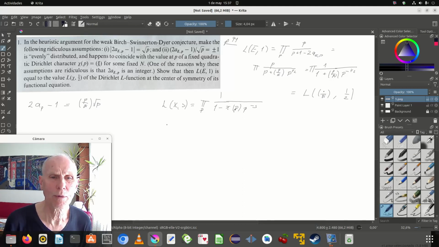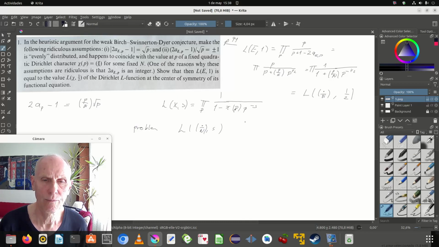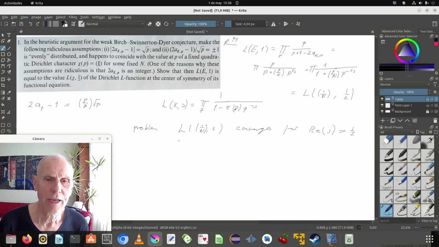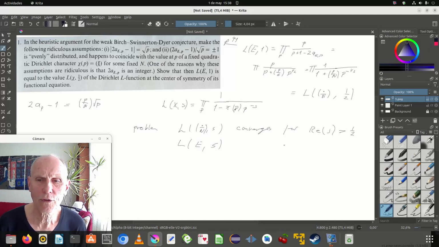I still have the problem, by the way, because the function, I'll just write it up, converges, I guess, for real part of s being larger than 1/2, and the L series of E_n converges for the real part of s being larger than unity.